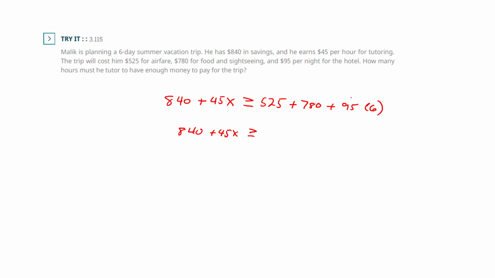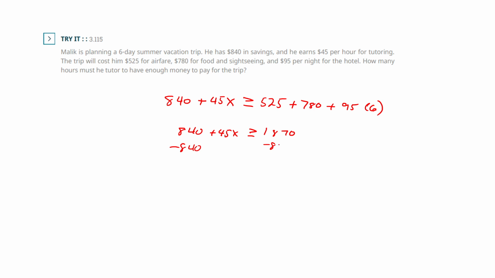I'm doing these all at once, but 95 times 6 is 570, plus 520, plus 780. So just this is multiplication here. So I multiplied this and added everything up, and I get 1870. Okay, now let's just solve, just like we always would.